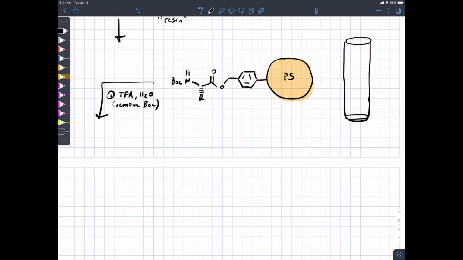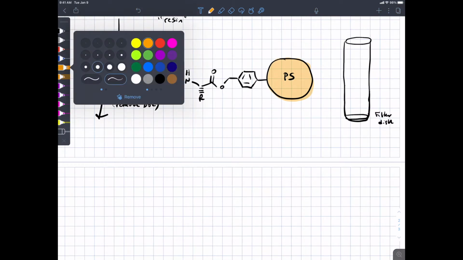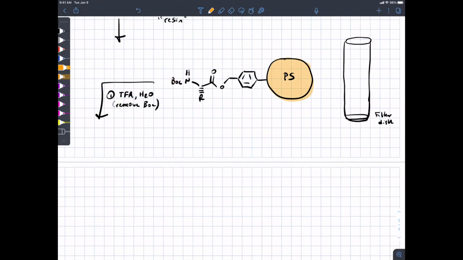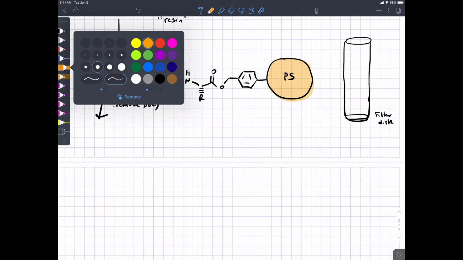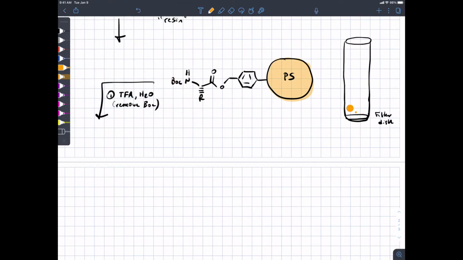It's called a frit or a filter disc, and the pores in it are small enough that individual resin beads can't get through. Whoa, that's like insane. Individual resin beads can't get through, right?